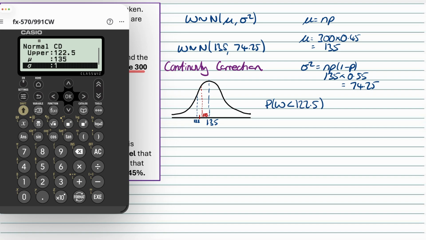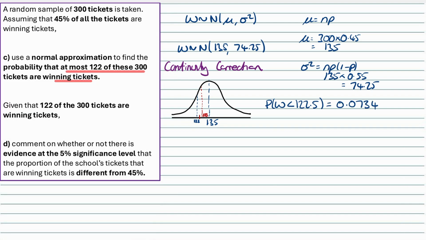And the standard deviation is the square root of the variance. So if we execute this, we'll get the probability of W being less than 122.5 as 0.0734. So that's part C.